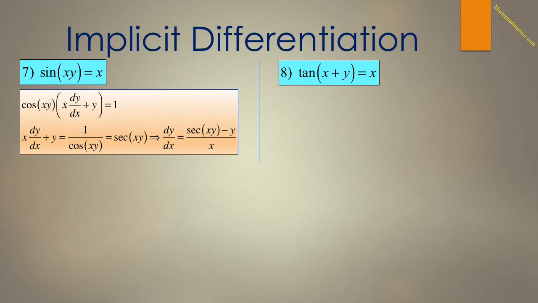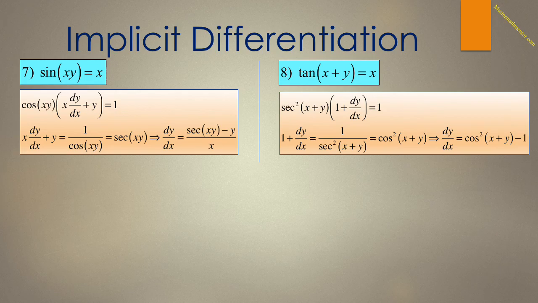So we end up getting x dy/dx plus y is equal to 1 over cosine of xy. 1 over the cosine is equal to the secant. So therefore dy/dx is equal to secant of xy minus y, all divided by x.